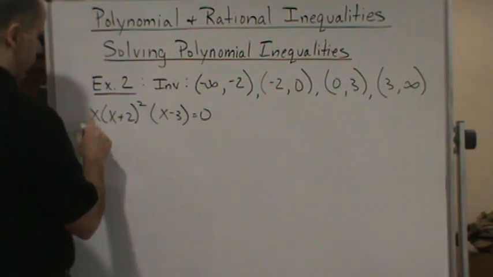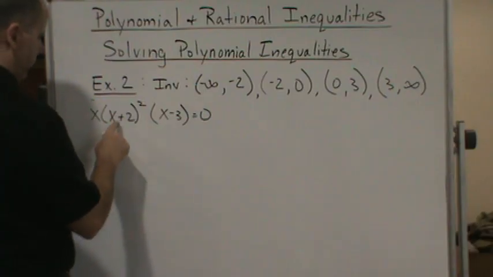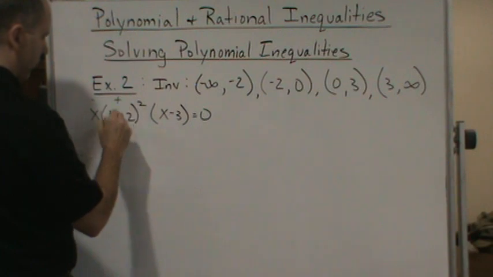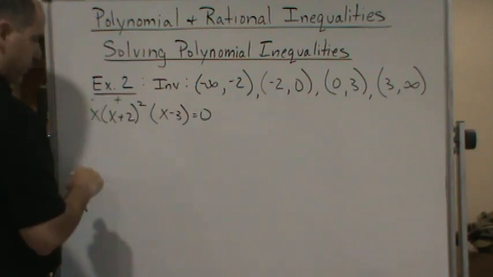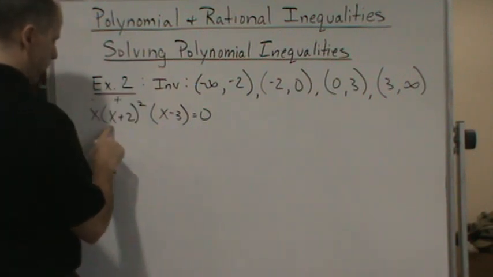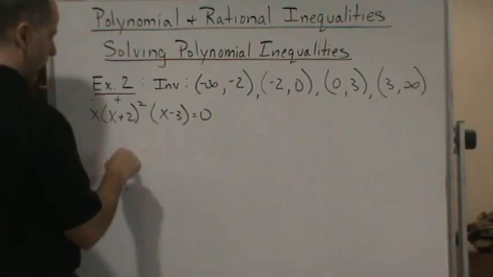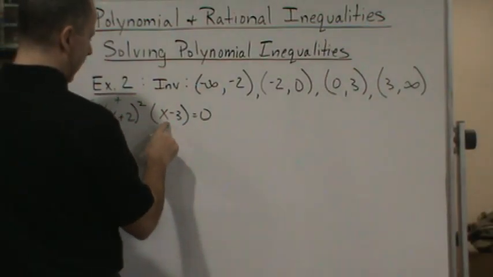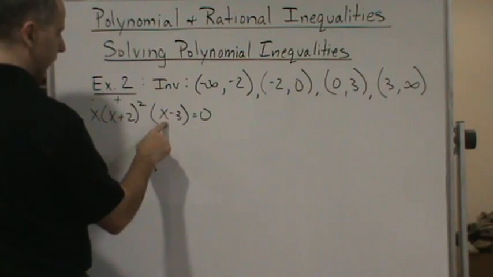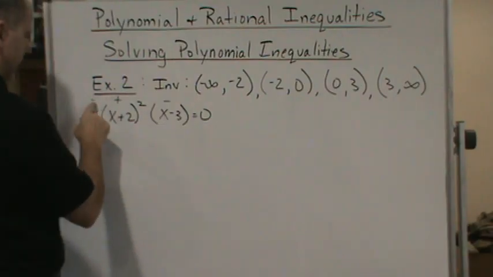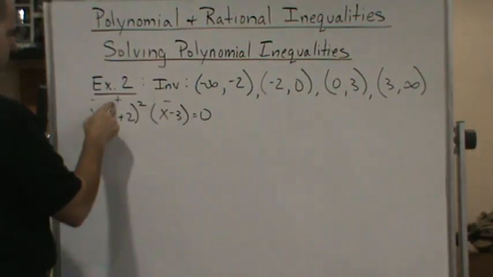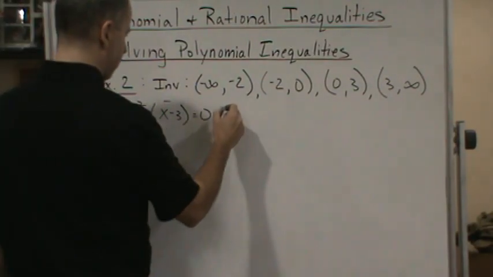If x is -3, we got negative here, but it's squared, so this whole thing's going to be positive. In fact, regardless of what x is, this is always going to be positive. And then x here, if I get -3, it's going to be negative. So I get negative times a positive, which is negative, times a negative, which is positive. So it's going to be positive here.